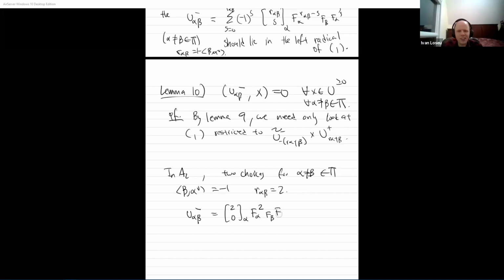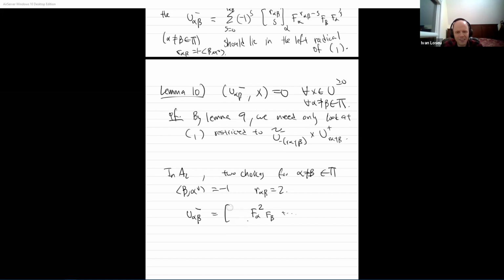Maybe we should just write that the first coefficient is 1.